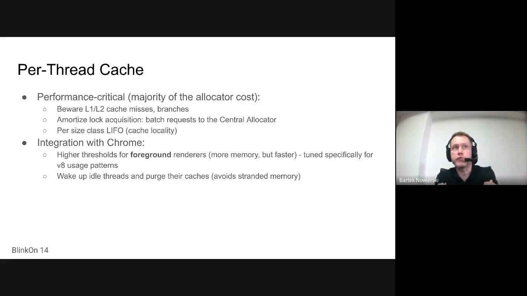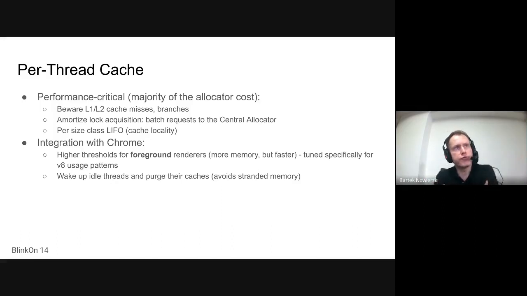We also have to be careful when fetching more free slots from the central allocator, so that we don't lock every single time. The idea is to avoid locking. So we batch the request: we grab the lock once and fill half, or a certain amount, of the thread cache all at once under one lock acquisition.